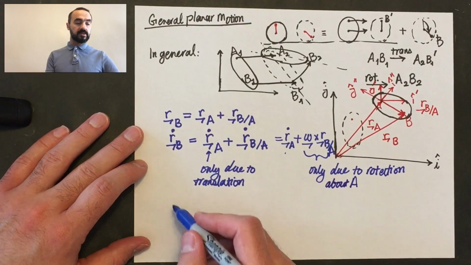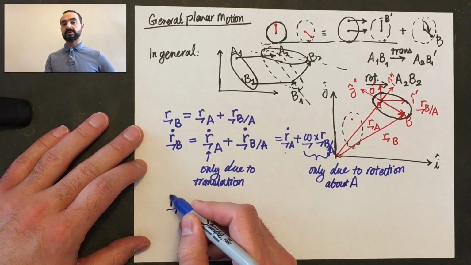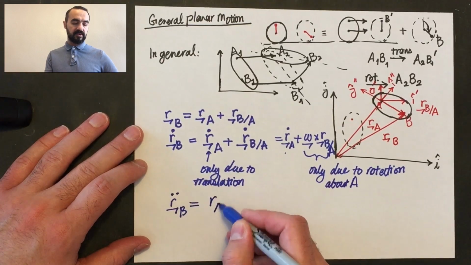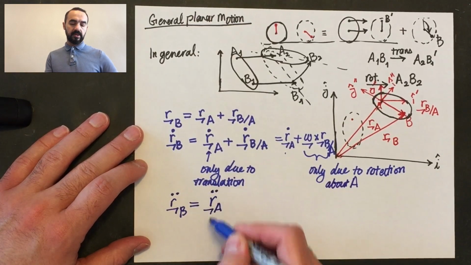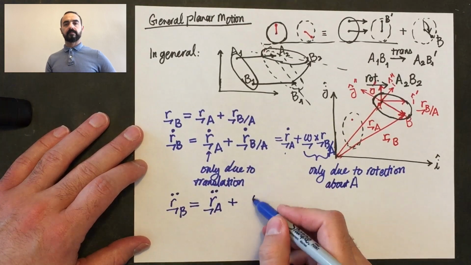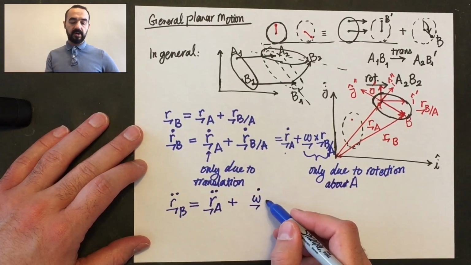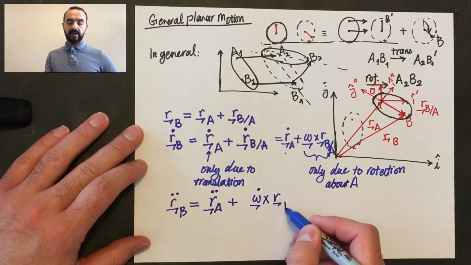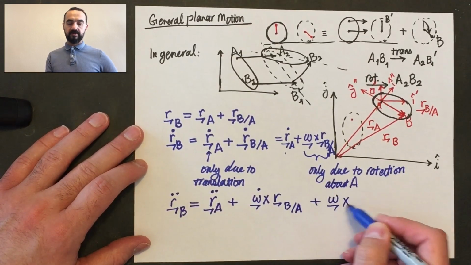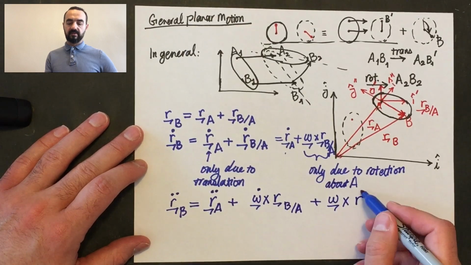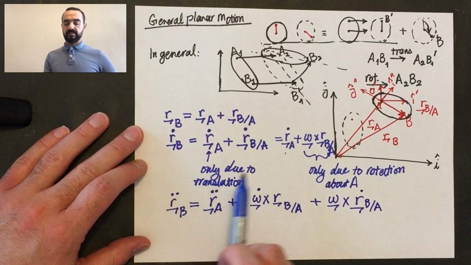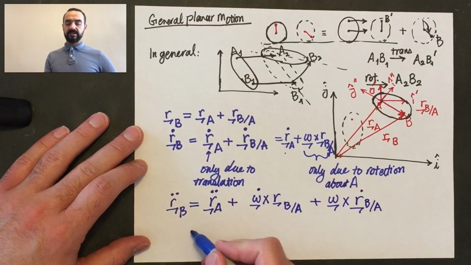Now, what we can do is differentiate this equation again and compute acceleration. So what we're going to get is RA double dot, plus omega dot cross RB with respect to A, plus omega cross R dot B with respect to A. And what is that?